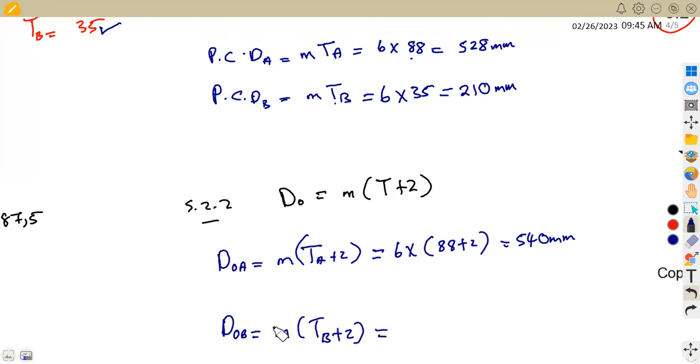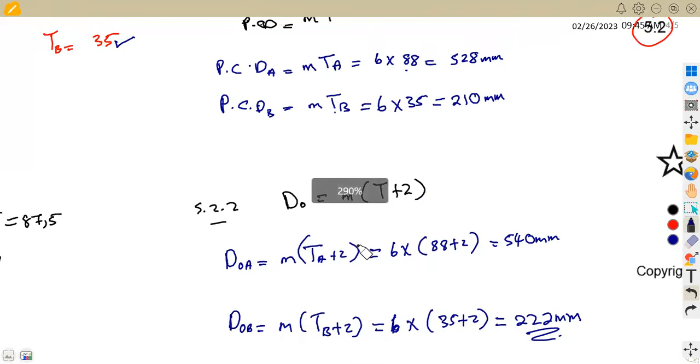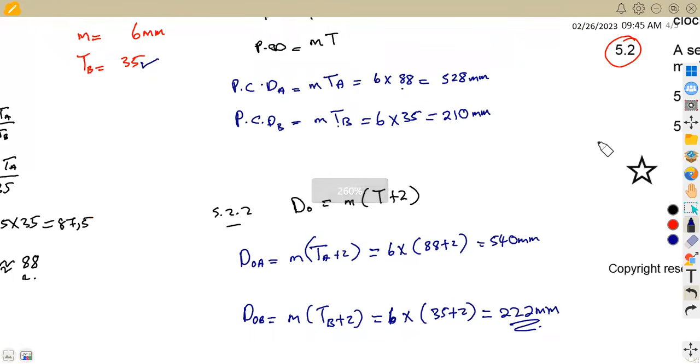The same thing for B, the module is 6, times the number of teeth for B, which we're given as 35. So that's 35 plus 2, that's 37. Then 37 times 6 is going to give us 222 millimeters. So that's what we are going to have on 5.22, the outside diameters.